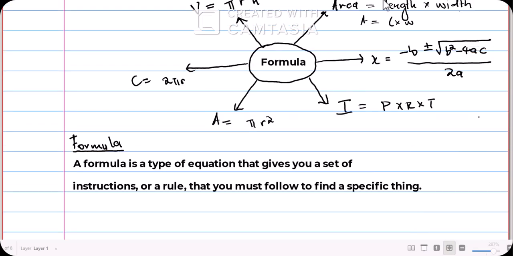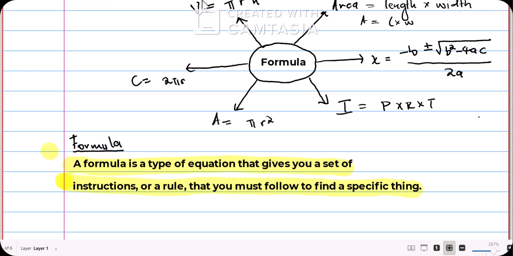A formula is a type of equation that gives you a set of instructions or a rule that you must follow to find a specific thing. They are more like equations, but we don't call them equations.